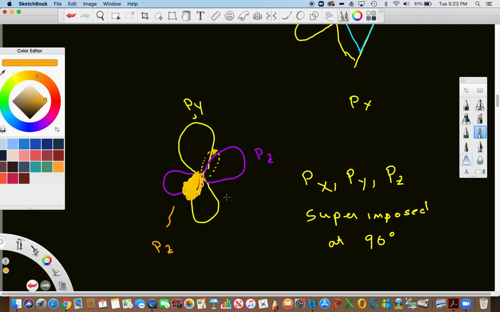And all these superimpose at 90 degrees. So in the very center of all this would be our nucleus. Hopefully you remember some of this from Chem 1, but I'm just trying to knock the rust off the old noggin.